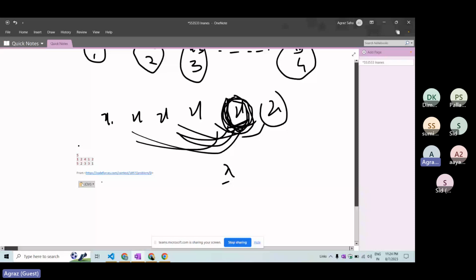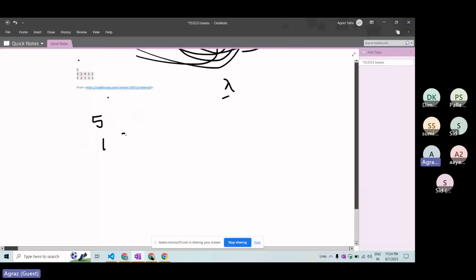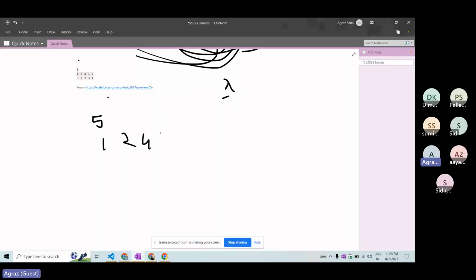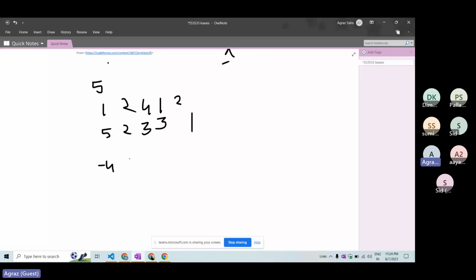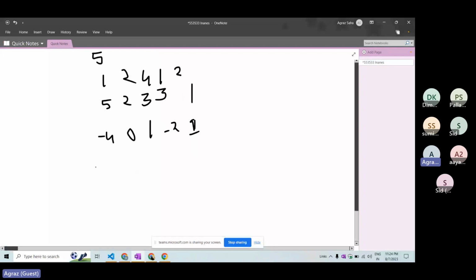The arrays are 5, 1, 2, 4, 1 and 2, 5, 2, 3, 3, 1. Now let's see. What is 1 minus 2? This is minus 1. Here the differences are minus 4, 0, 1, minus 2, and 1, depending on the position. Say this is index 1, this is index 2, index 3, index 4, and index 5.